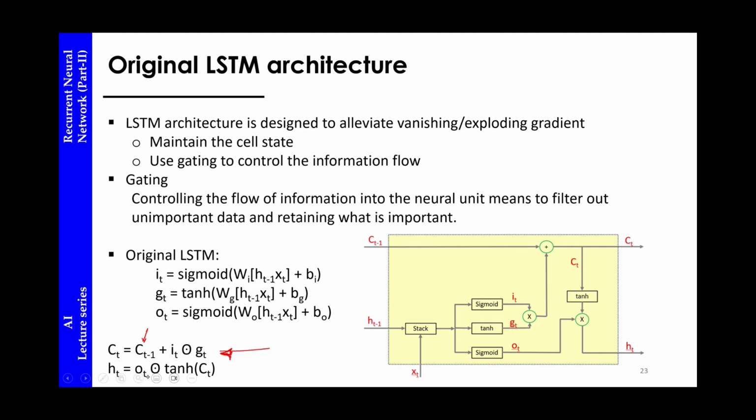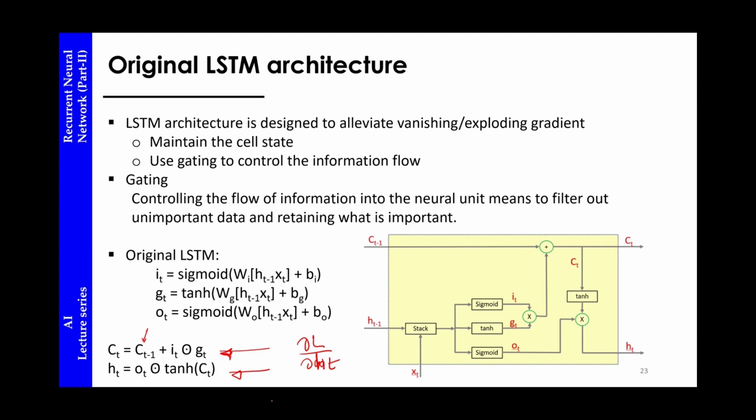And the output also is shown by this. You remember from the backpropagation that we discussed earlier, we have to calculate the partial derivative of the loss with respect to the hidden states.